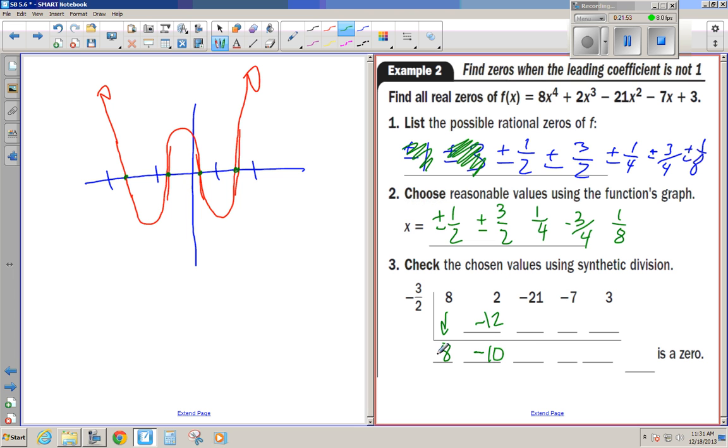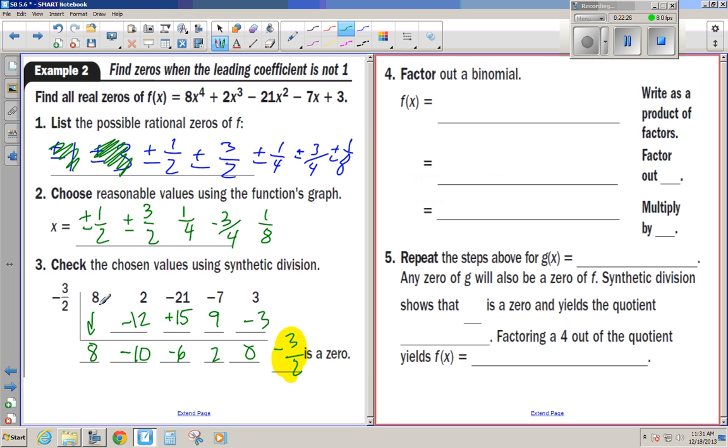Then negative 3/2 times negative 10 is negative 15. Oh, I'm sorry, this should be positive 15 because negative times a negative. When you're adding now, it should be negative 6, which gives me 9, which is 2, negative 3, 0. So we know that negative 3/2 is a 0.